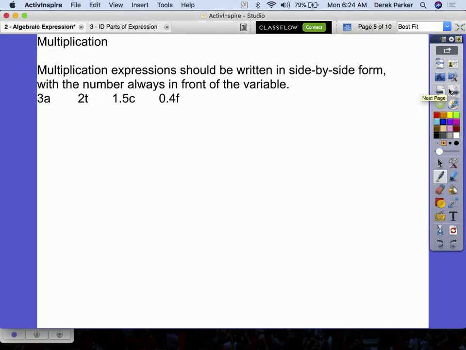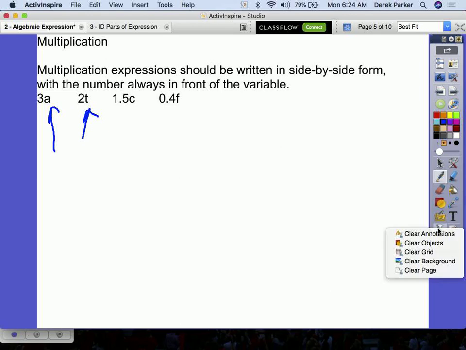When dealing with multiplication, algebraic expressions should be written in side-by-side form, with the number always in front of the variable. And as you can tell, there is no sign between the number and the variable. Here's the reason why.